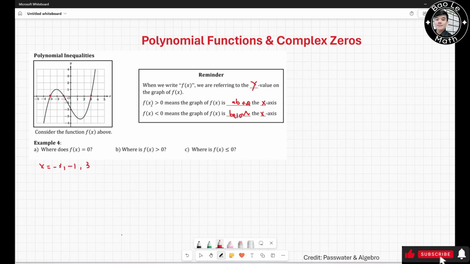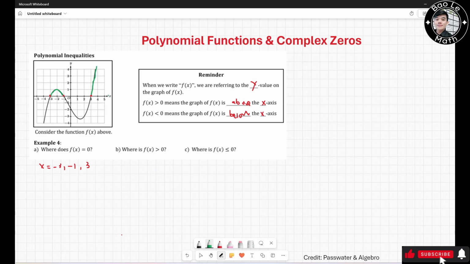Now, f of x is greater than 0 if the function is above the x-axis, right? So we look at this one, the function is above the x-axis, it could be this part right here, and this part right here.